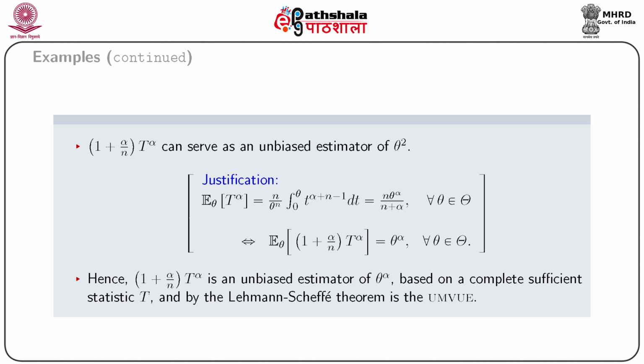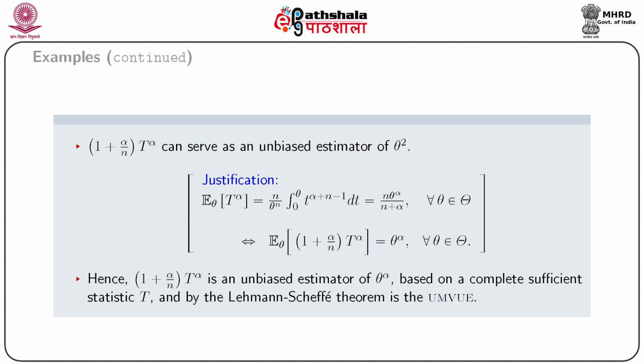Now, expectation of T to the power alpha is equal to n by theta to the power n into integral over 0 to theta of t to the power alpha plus n minus 1 dt, which is equal to n by (alpha plus n) into theta to the power alpha.